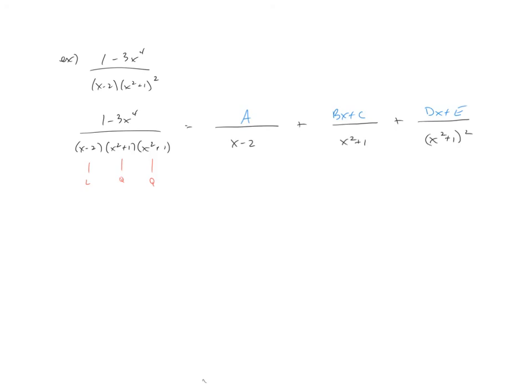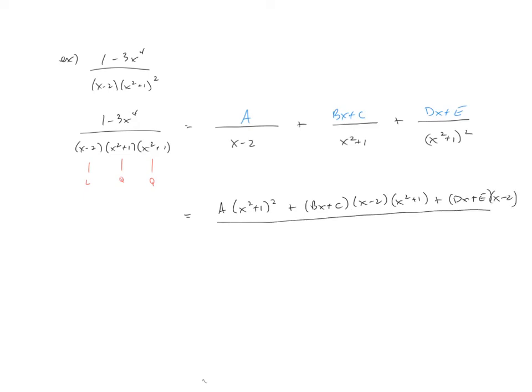As I pointed out to you in our first example, we would then carry it a step further and put it all back together. So this would be a times x squared plus 1 squared plus bx plus c times x minus 2 and x squared plus 1, and then plus dx plus e times x minus 2.